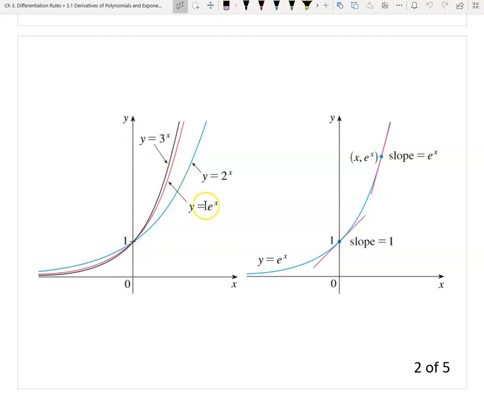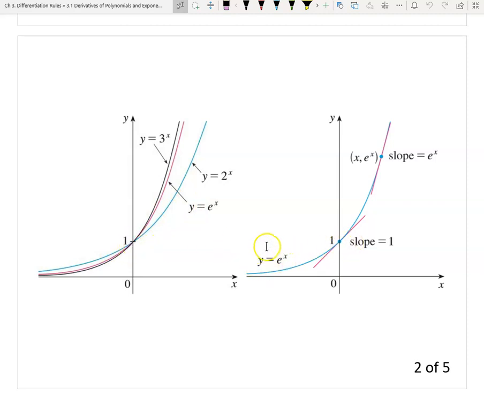Of course, you can also see we have a basic value for e. The base e should be between the base 2 and the base 3. Do you remember the definition for e? It's 2.71828. 2.7 is exactly between 2 and 3. All these are consistent. And we say the derivative equals 1 at x equals 0. Can you look at the right?